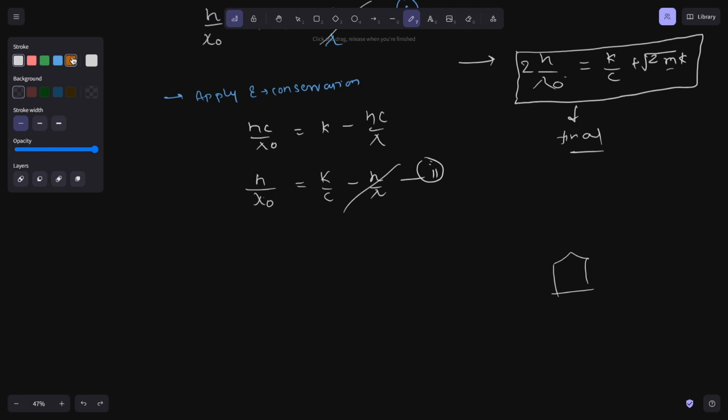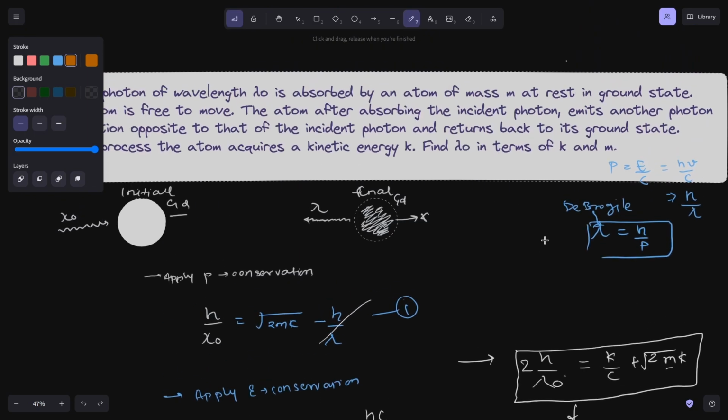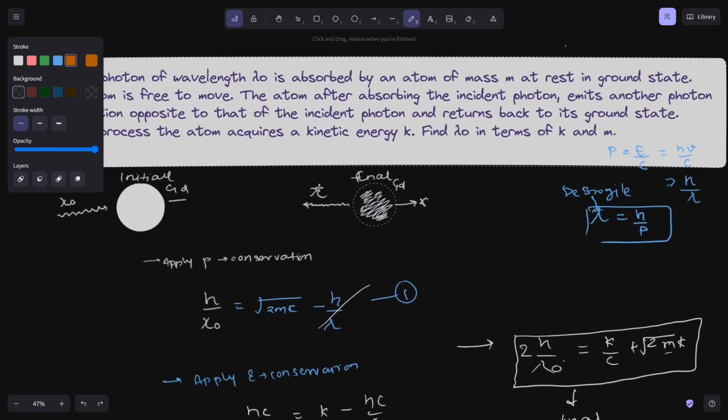When a rocket emits thrust, it goes in the direction opposite to the thrust. Likewise, in this question, let us assume that this emitted photon is the thrust for this atom. When you provide a thrust backward, according to Newton's law, every action has an equal and opposite reaction. So it must be gaining some kinetic energy in the opposite direction. That's why it has some kinetic energy in this question.